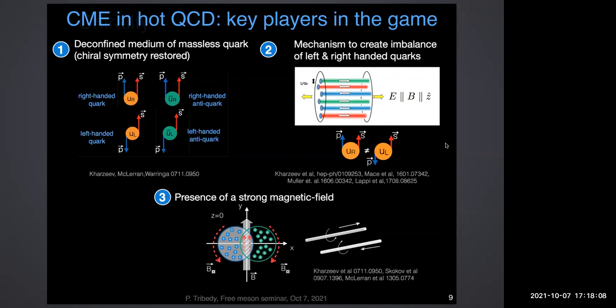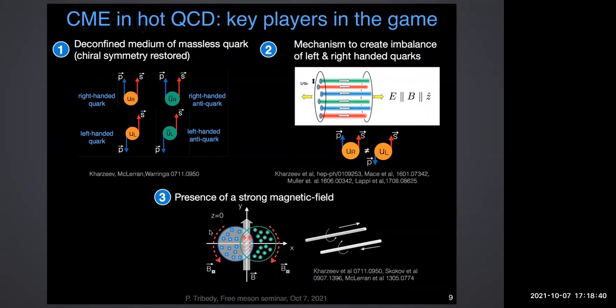Even if you have 1 or 2, it's not sufficient. What you generate is an imbalance of chirality. These top 2 conditions are to generate what is called chirality genesis. We don't know how to measure the chiral imbalance directly, but in order to really observe it in experiment with whatever we can measure, you need the presence of a strong electromagnetic field, a magnetic field.